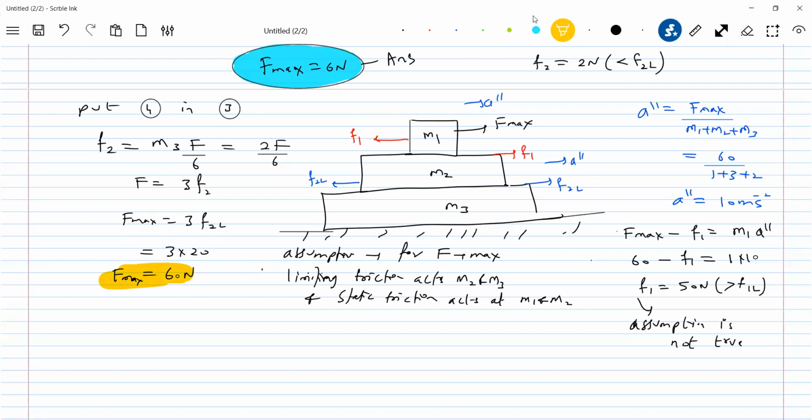The friction at 1, 2 should be static, but what we got was greater than limiting friction. So the assumption went wrong, and therefore this cannot be the answer. Are you getting this one?